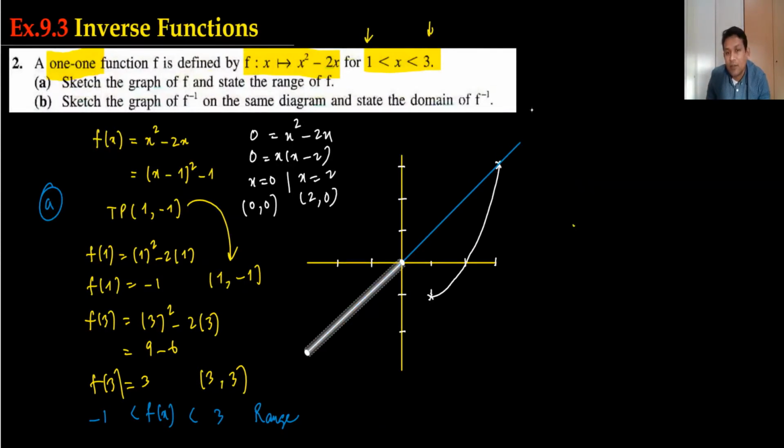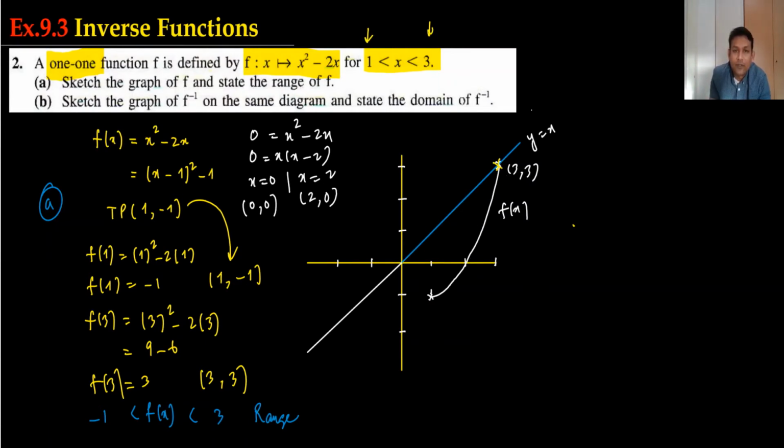And when y is equal to x is given, I have to reflect this curve, this f of x, in y is equal to x. So when I reflect, this is 3 comma 3, that's why it's coming on this line. Now drawing the sketch. The same points: this 2 0 will become 0 2 here.